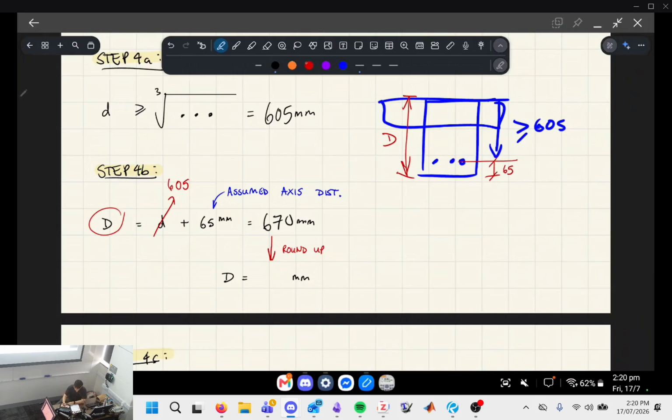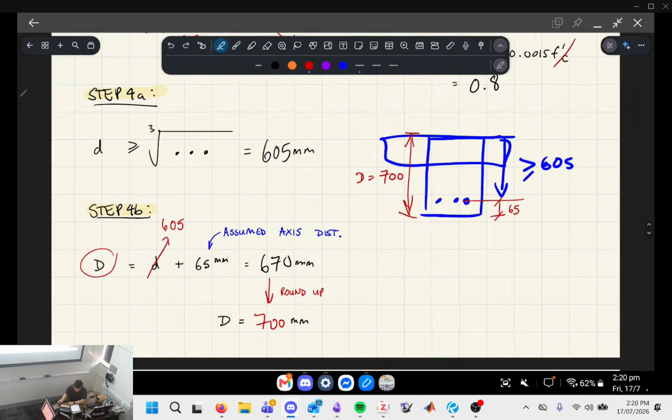So it goes up to 700. Remember this was a minimum value, so this has to be greater than 605. We're going to choose 700.